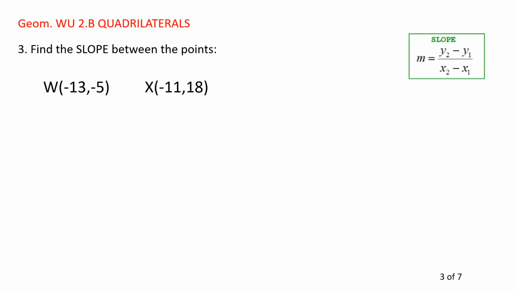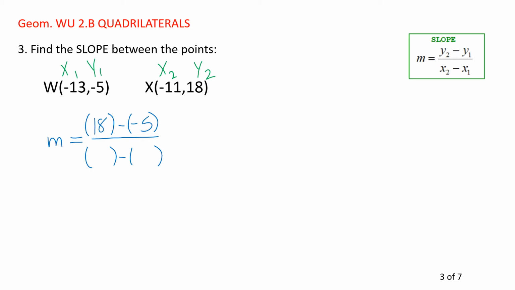Find the slope. Once again, you know I don't like formulas. Of course, formulas are useful. I'd much prefer to have a picture, but on this one I don't. So I'm just going to say y minus y over x minus x, and I'm going to plug in y on top and x on the bottom.